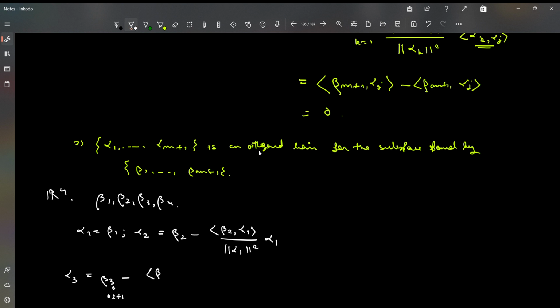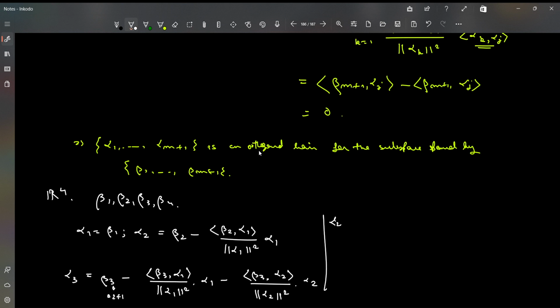The first is the inner product of beta 3 with alpha 1, upon the norm of alpha 1 squared, times alpha 1. Then, minus, with k equal to 2, the inner product of beta 3 with alpha 2, upon the norm of alpha 2 squared, times alpha 2.